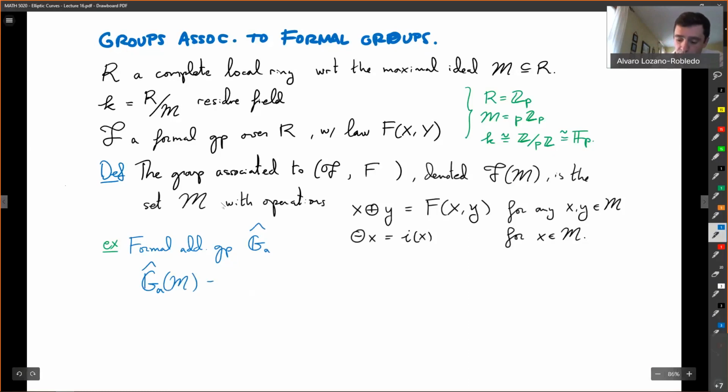It is just going to be M plus. In that case, addition on the formal group is just addition on the maximal ideal.